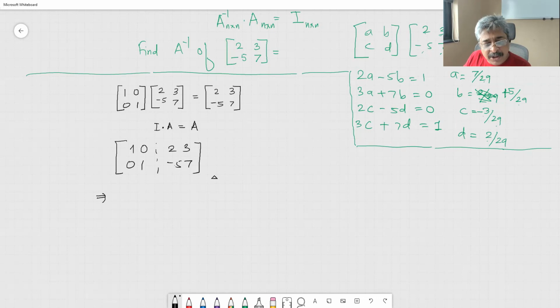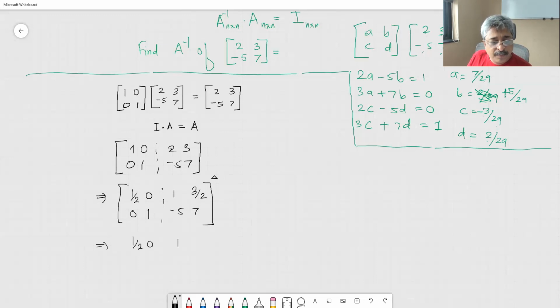Therefore, if I want this to be 1, I should divide. So 1 by 2, 0, 0, 1 augmented with 1, 3 by 2, minus 5, 7. Do you understand this step? These are equivalent systems. I have achieved 1 here. Now I want to achieve 0 here. So 5 times row number 1 is to be added to row number 2, while the first row remains the same.